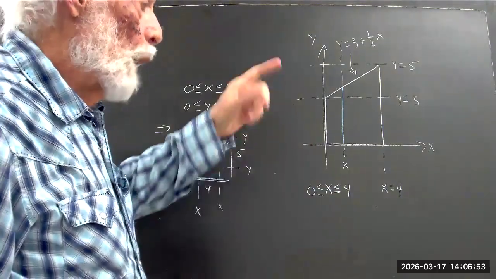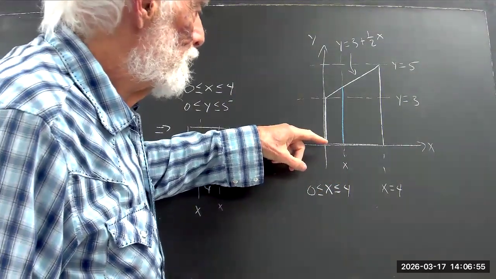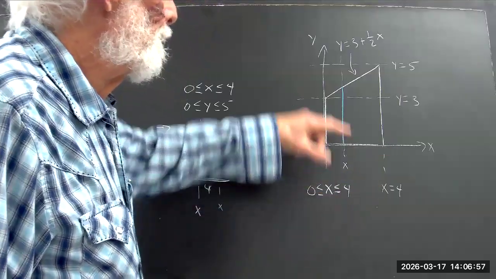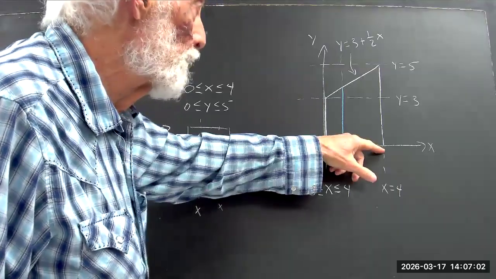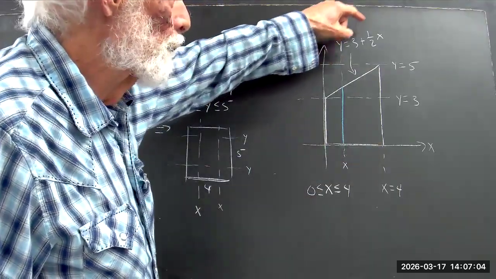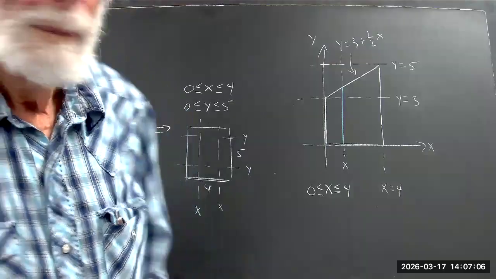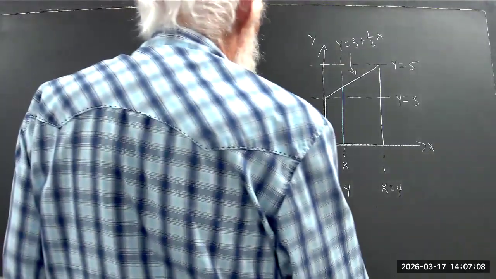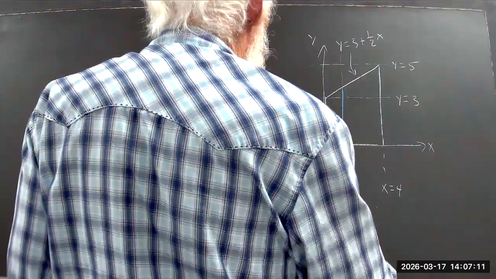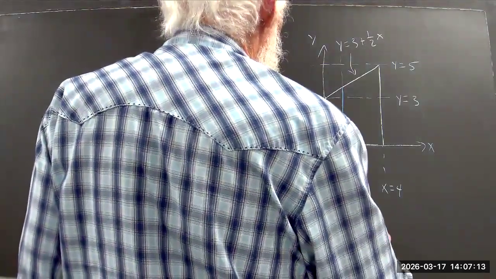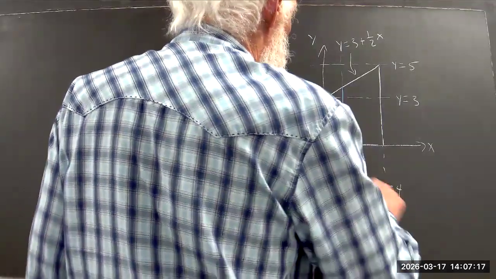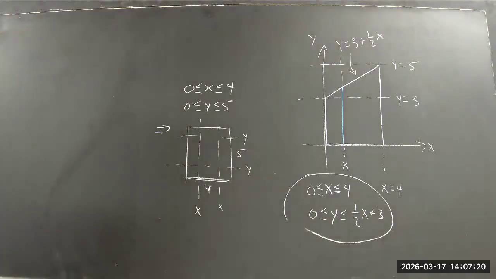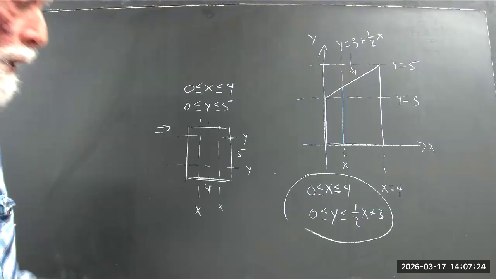Y is going from the line y equals 0 up to the line y equals 3 plus 1/2 x, right? So we could say 0 is less than or equal to y is less than or equal to 1/2 x plus 3. That's what we want to see. Okay? You get the idea?